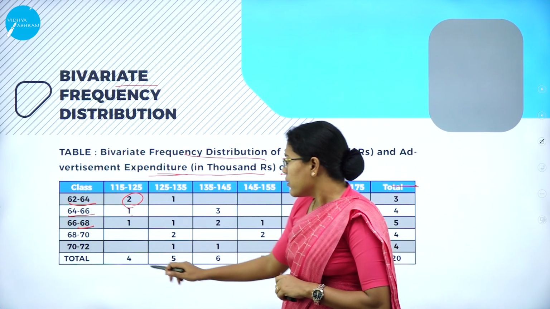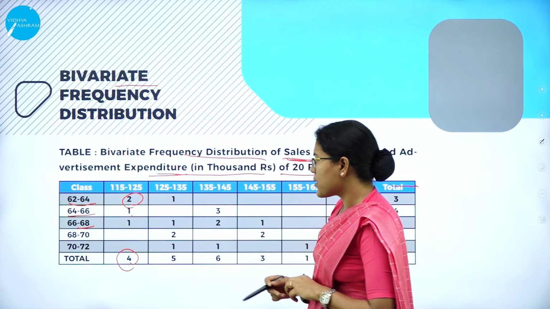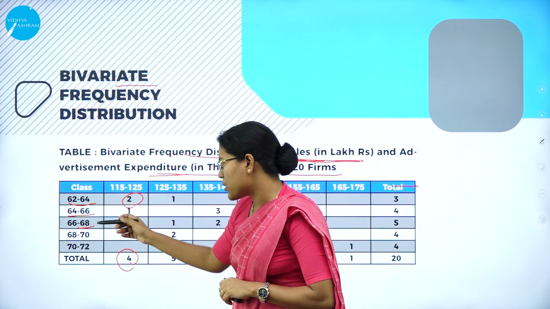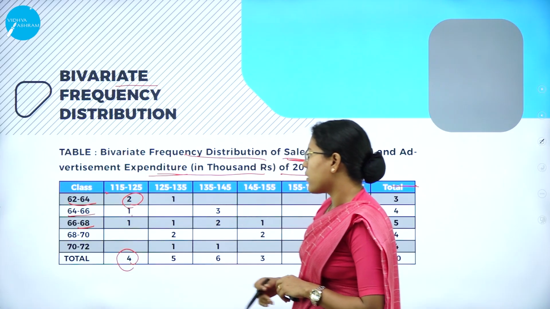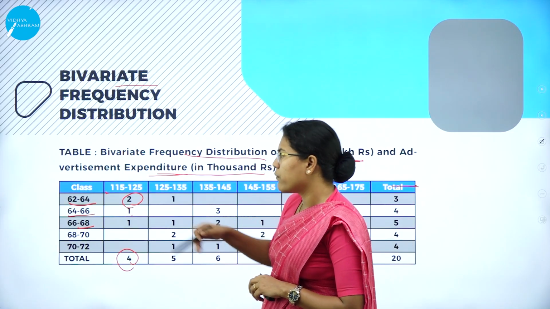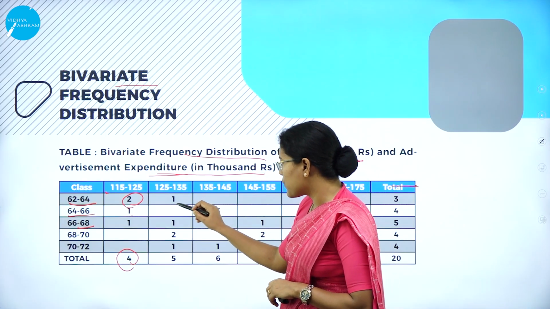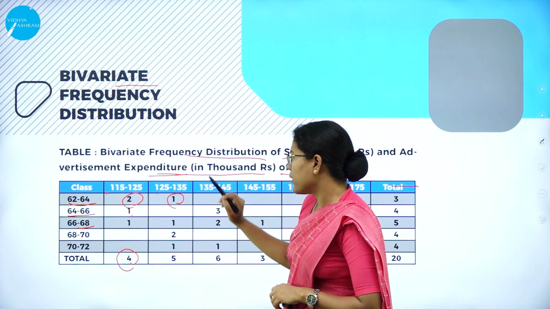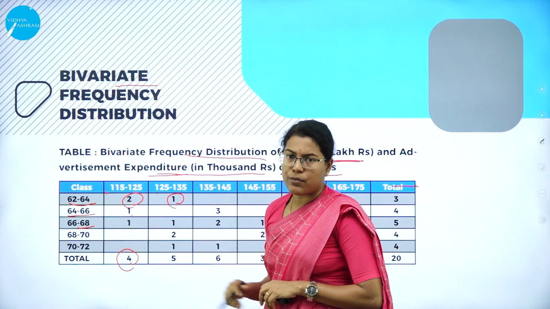So we can conclude that there are 4 firms out of 20 whose expenditure is from 62 to 68,000, and whose annual sales are from 115 lakhs to 125 lakhs. Same thing here also: there is one firm whose sales are from 125 lakhs to 135 lakhs and advertisement expenditure from 62 to 64,000.